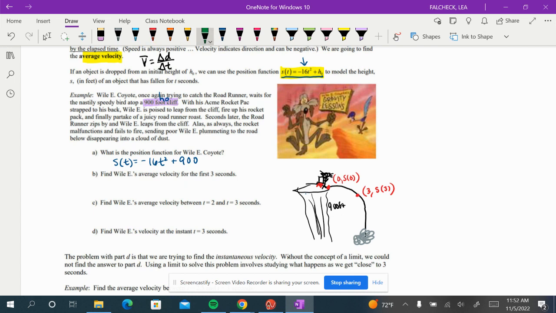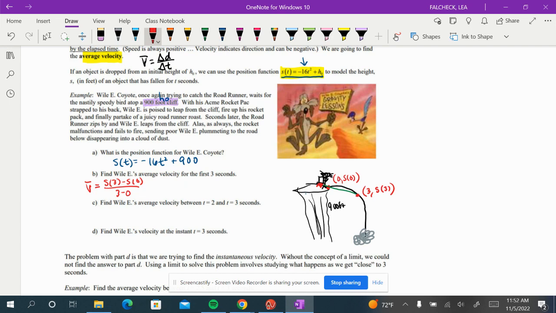Okay, so we're finding the average velocity between these 2 points. To find average velocity on a graph or between 2 points, you would do s of 3 minus s of 0 all over 3 minus 0. So it's the change in y, or height in feet as a function of time, over the change in x.